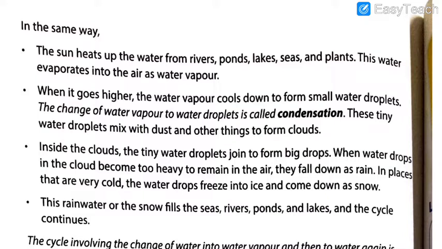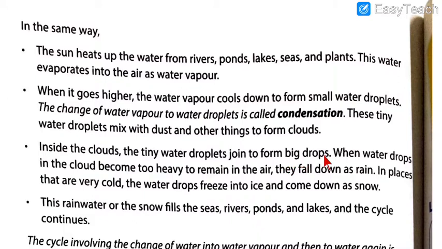Otherwise, we humans are not capable enough to evaporate the water totally from the ocean. It is only because of the sun's heat and the sun's energy. Only the sun is capable to do this process of evaporation in a large amount in all the parts of the earth.